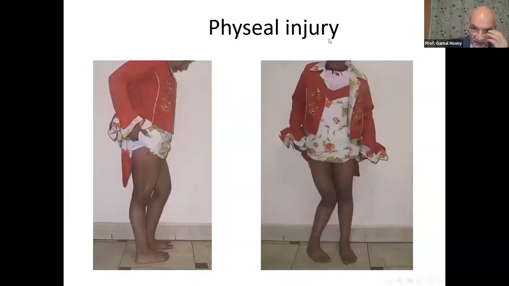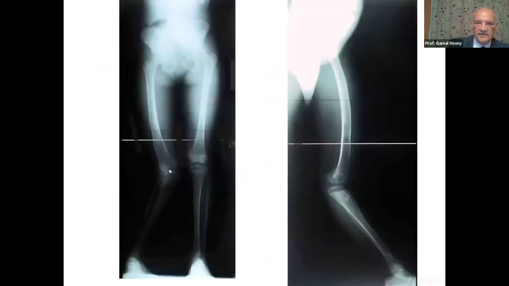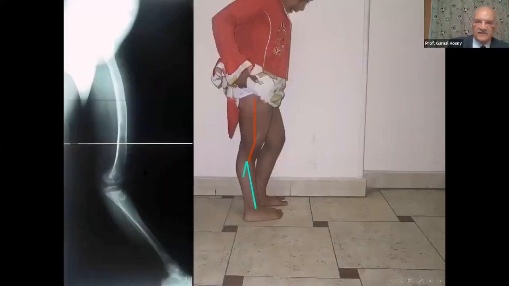And this is an example of osteotomy rule number 2. We have a physeal injury, and you look at the valgus and the recurvatum. This is the AP and lateral. The deformity lies in the joint or in the physis, but we don't want to do an osteotomy through the physis or the joint.